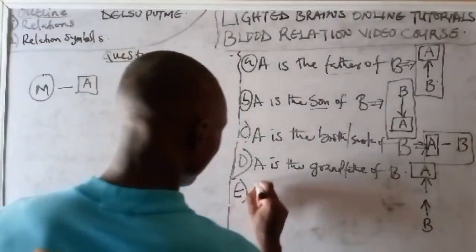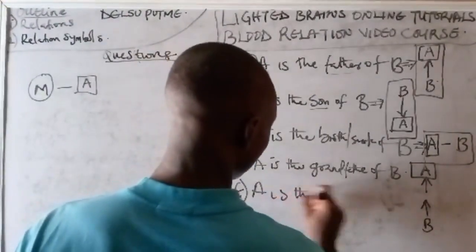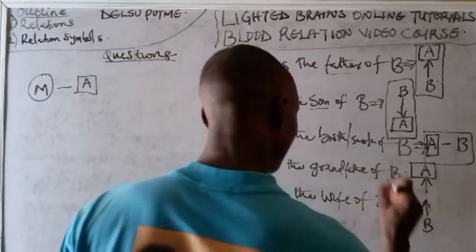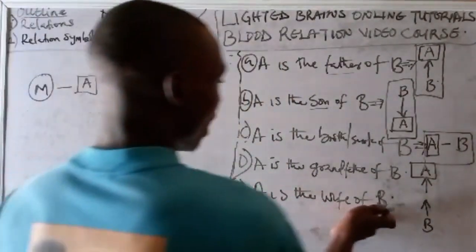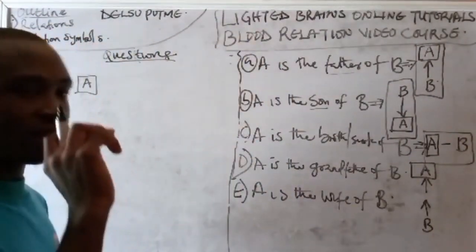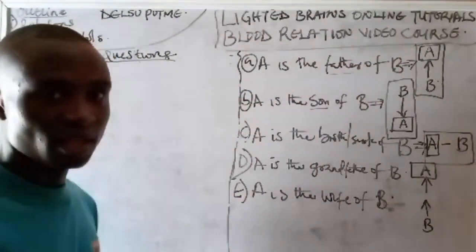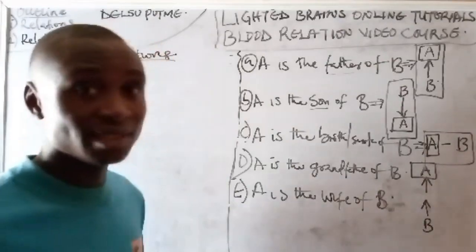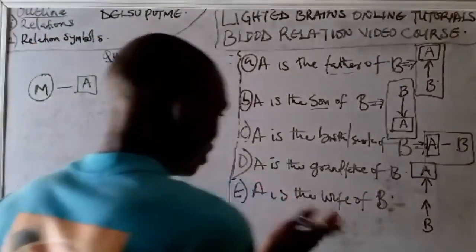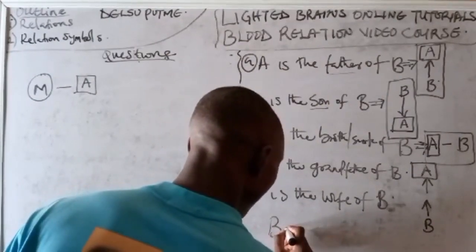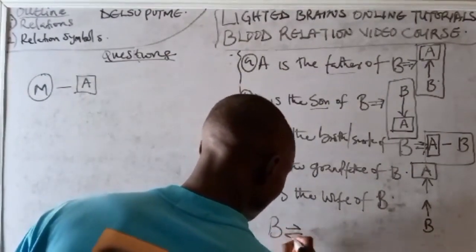Now, when they say A is the wife of B, what do they mean? Note that whenever they say wife, the symbol is different from these ones. But know that the genders are the same. So B's wife is A. Look at the symbol.